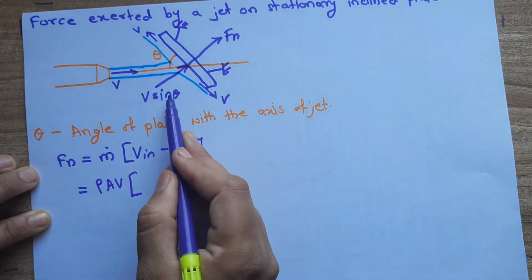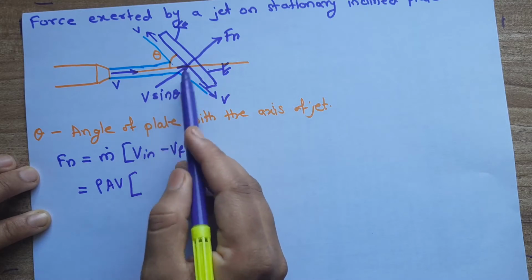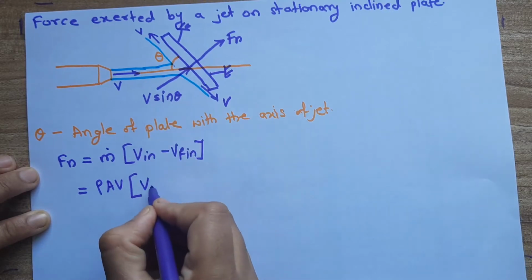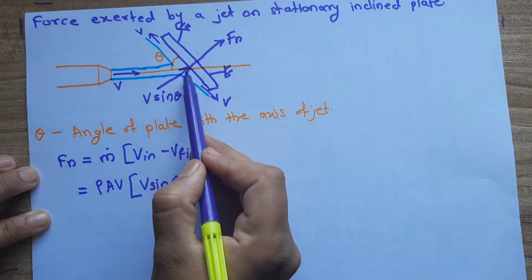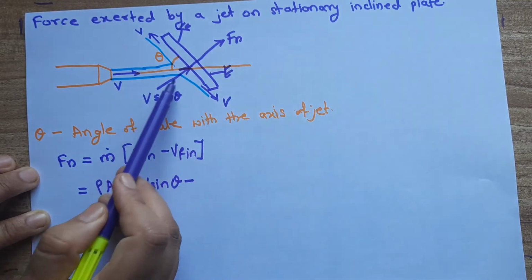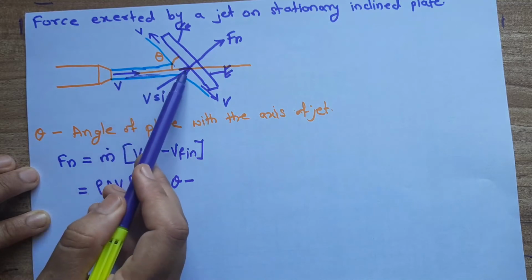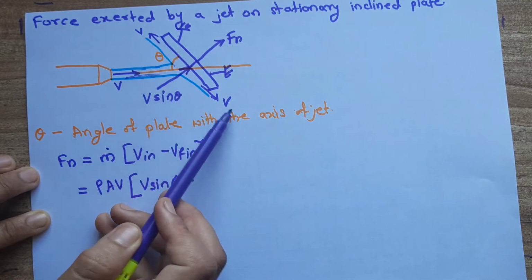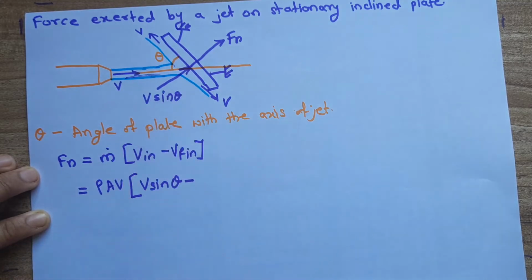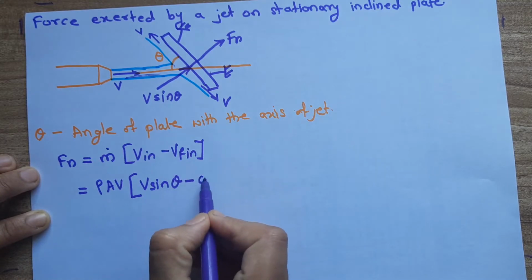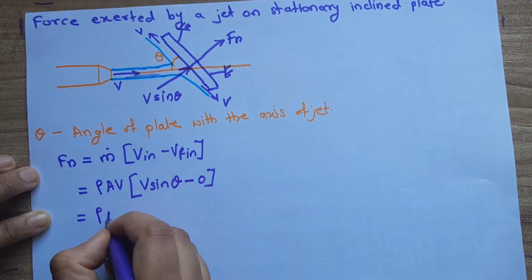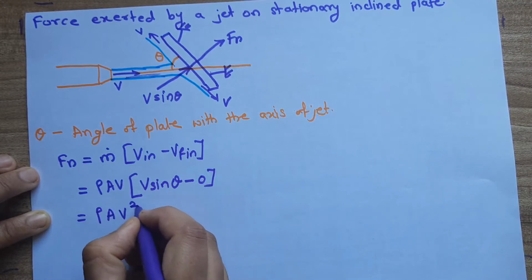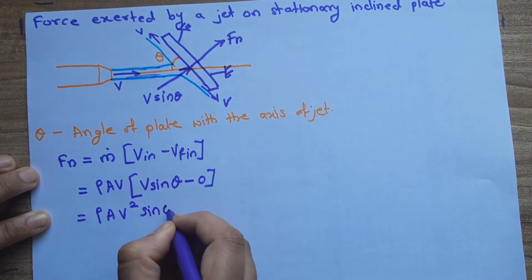Now the initial velocity in the normal direction is v sine theta. And after striking, what is happening? This velocity is moving in a tangential direction. There is no component in the normal direction. Hence, the final velocity will be 0. So we can write Fn is equal to rho a v square sine theta.